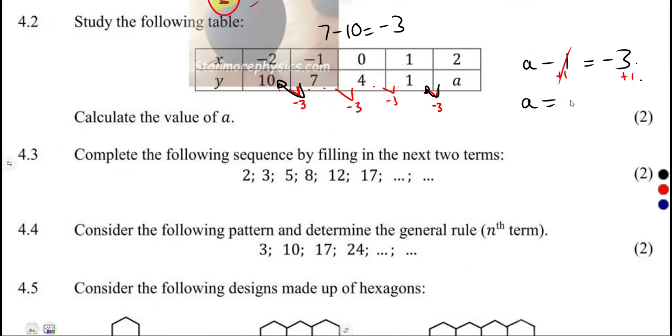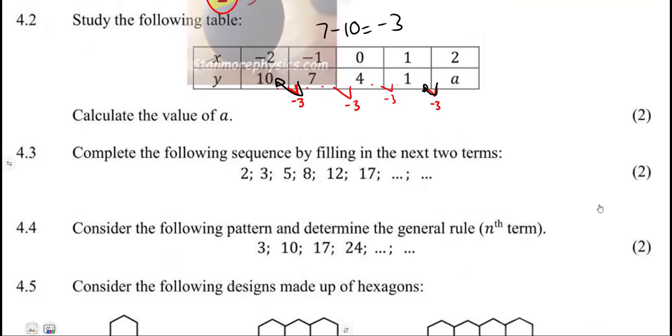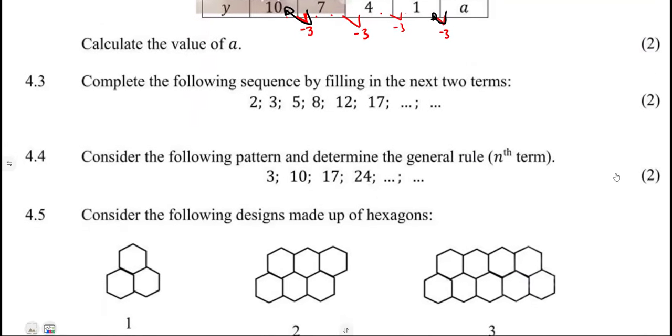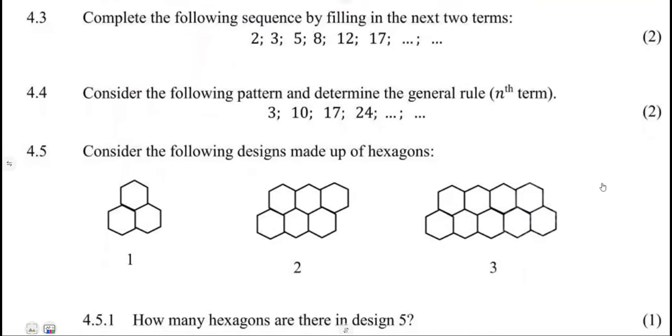So -3 plus 1 is -2. So a is equal to -2. Or you can determine the rule first, the equation that you're going to form, but using the number pattern concept, just look into the difference.